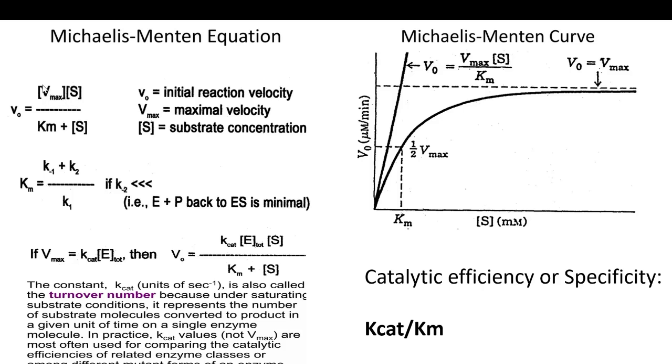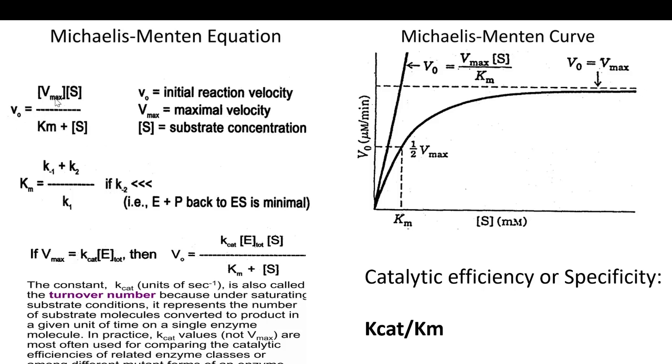Vmax is the maximum velocity that can be attained by this enzyme while converting the substrate to the corresponding product, times S, the substrate concentration, divided by Km plus the substrate concentration.